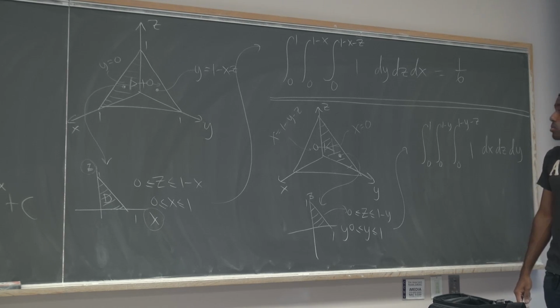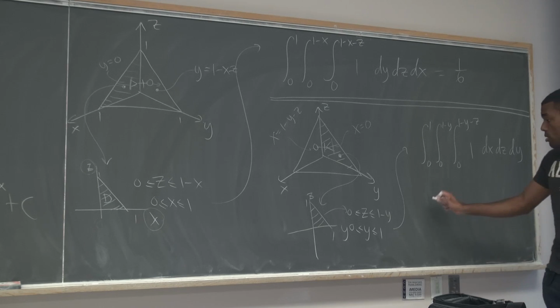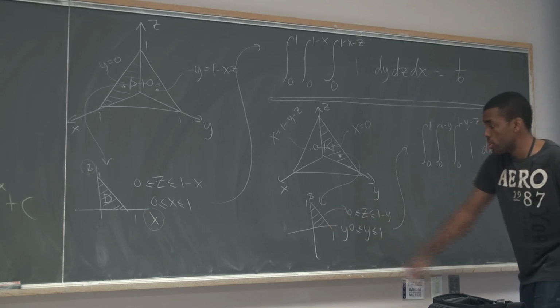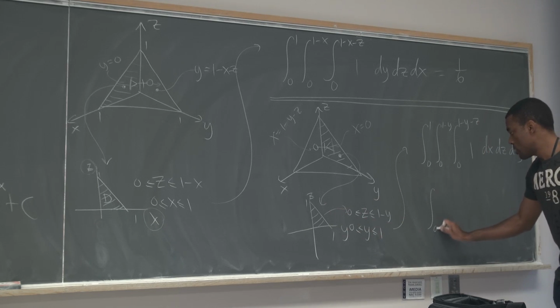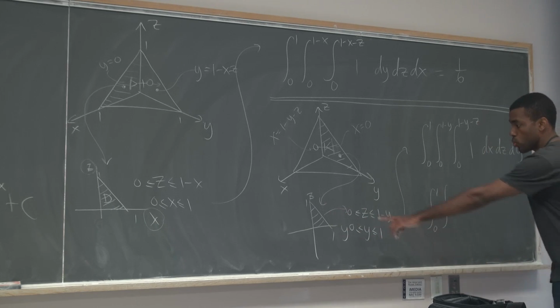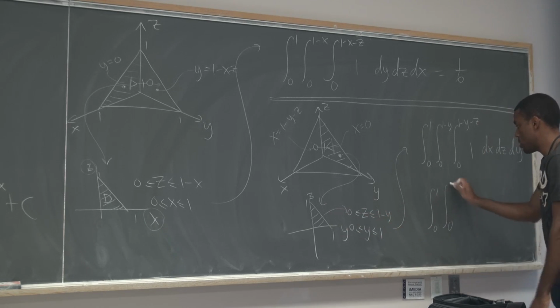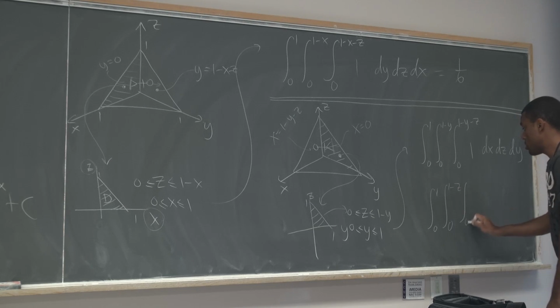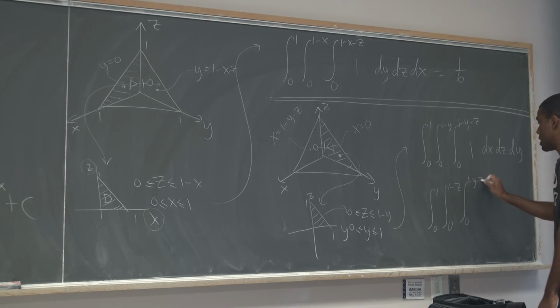Could you do it the other way? Oh, yeah, I could have let z go between 0 and 1. I could have done 0 to 1 and chosen y to go between 0 and 1 minus z. This would be 0 to 1 minus y minus z. This would be 1 dx, dy, dz.